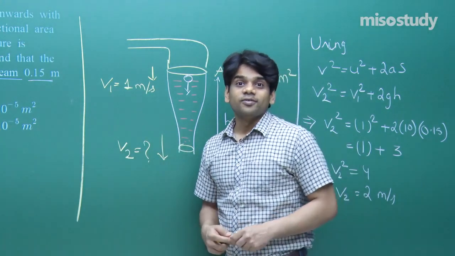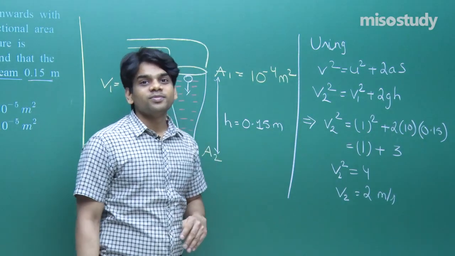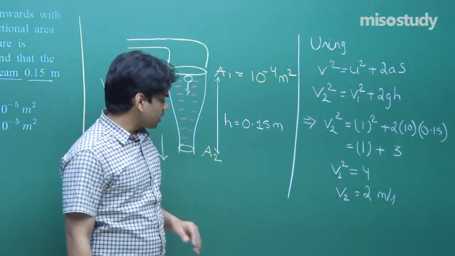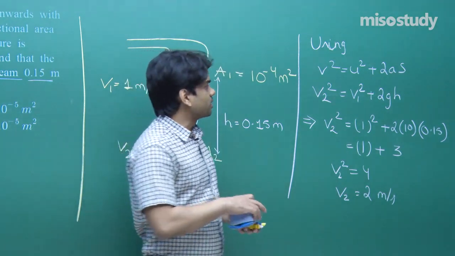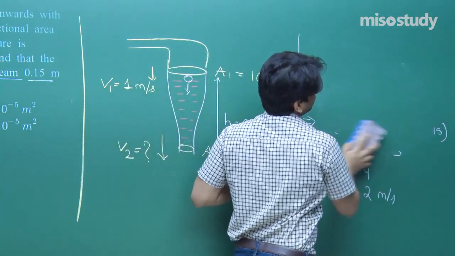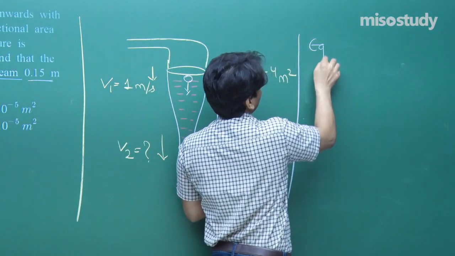After this, we need to evaluate the area of cross section at this bottom end. Can we use the equation of continuity? I hope that you would have taken note of this, and let me rub this part and let us go ahead using the equation of continuity.